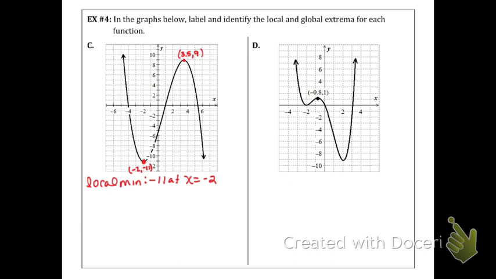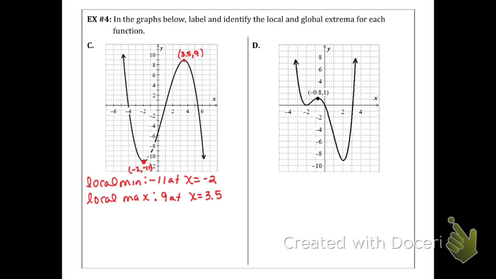I also have that local or relative maximum, and that's going to be of 9, and that's at x equals 3.5. And then, my graph does keep going down, so no absolute or global minimum. My graph does keep going up, so no absolute or global maximum.